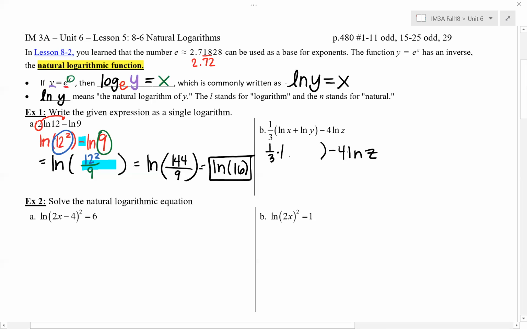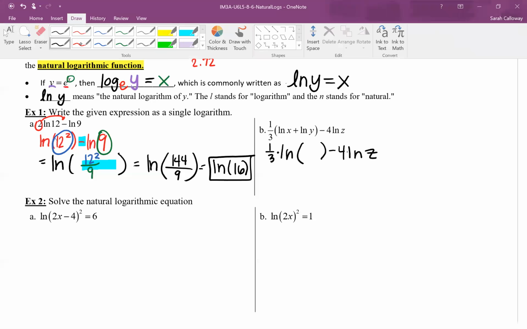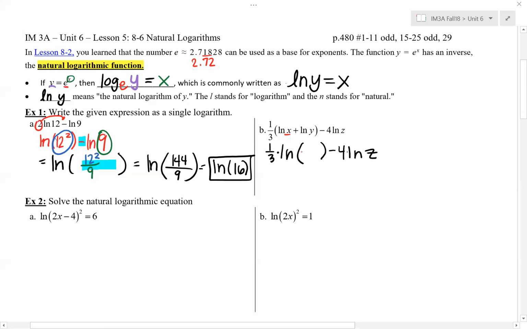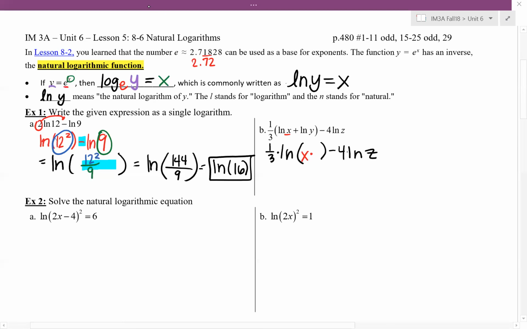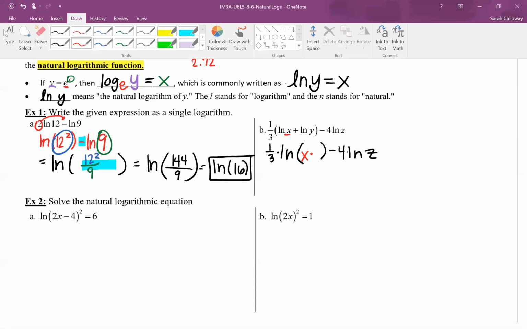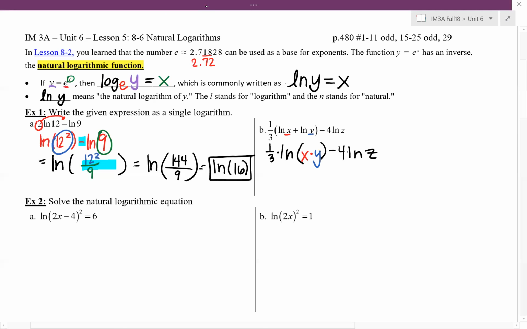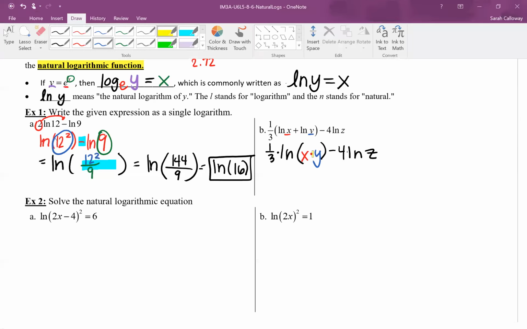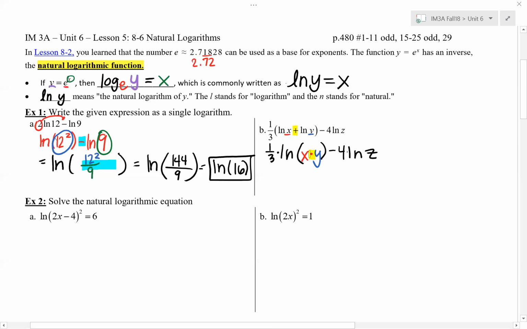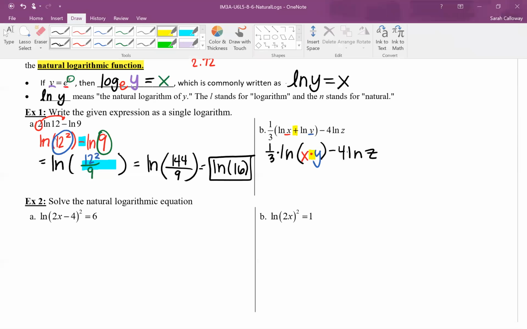Since I have ln of x plus ln of y, I'm going to multiply them together. So I end up with ln of x times y as a single logarithm from what was inside my parentheses.